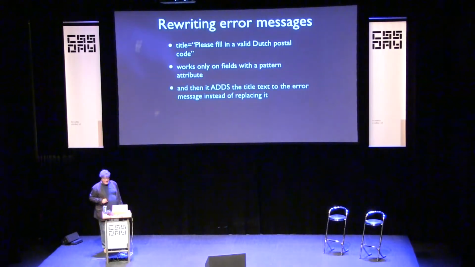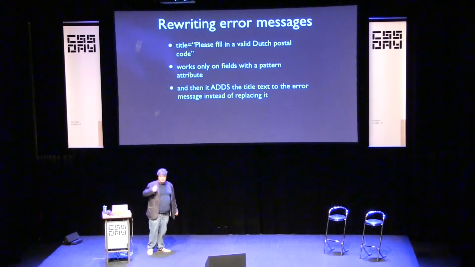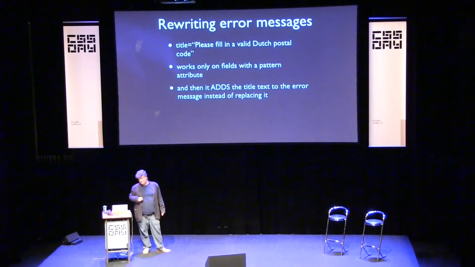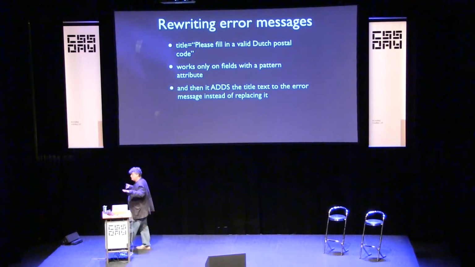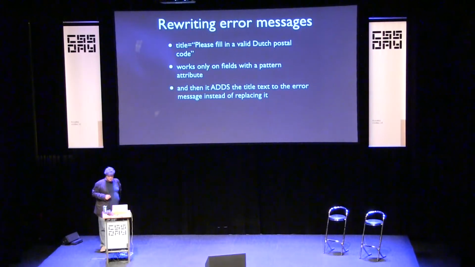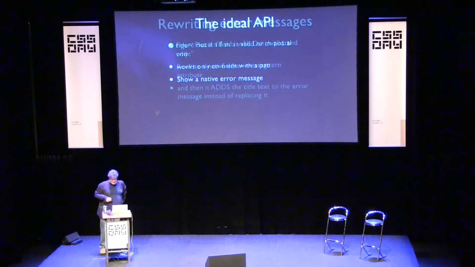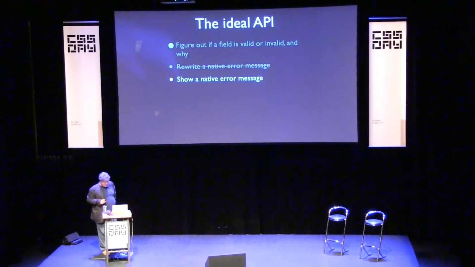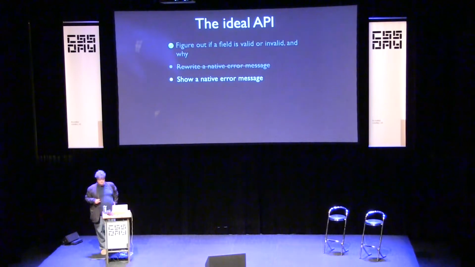But you should also be aware that it adds this text to the native error message text of the browser. This can be useful, but you have to be aware of its restrictions. So this works, but only on pattern. Wonderful. Okay, so rewriting a native error message is possible in theory, but you don't really want to do it.